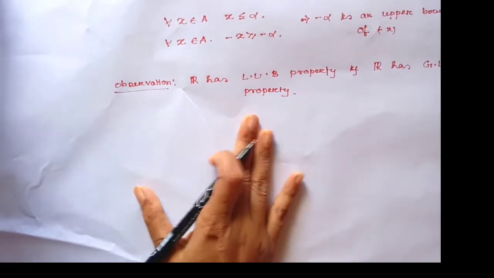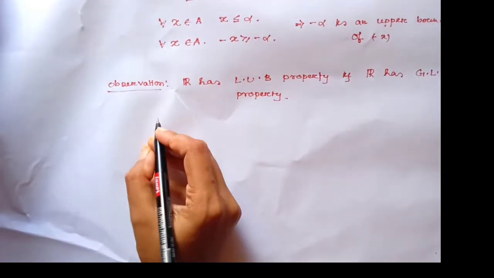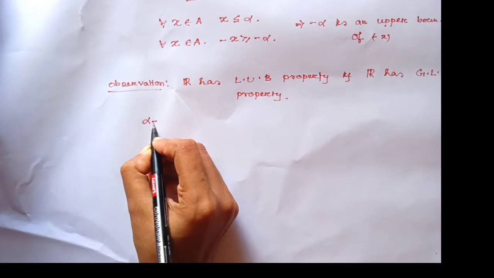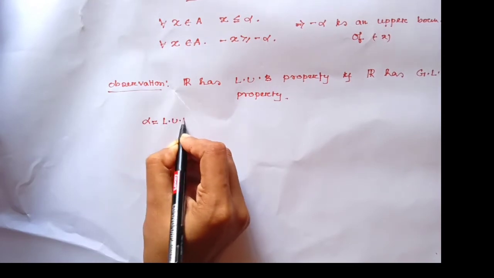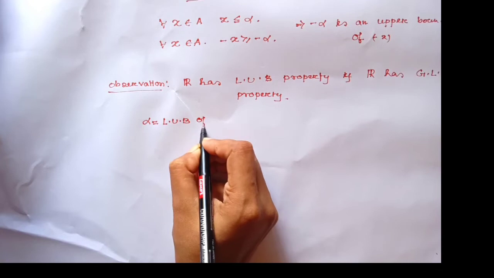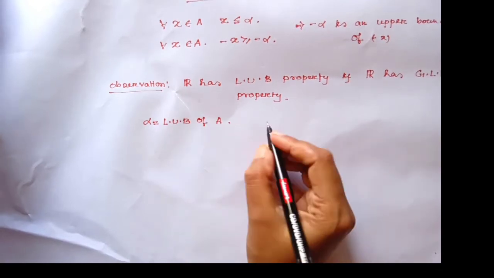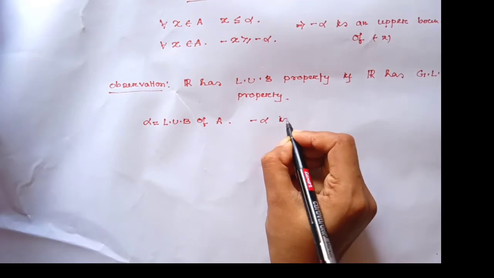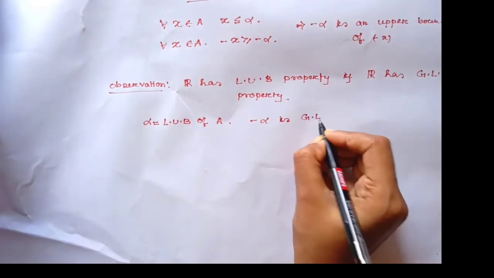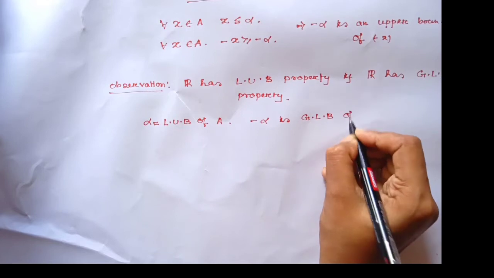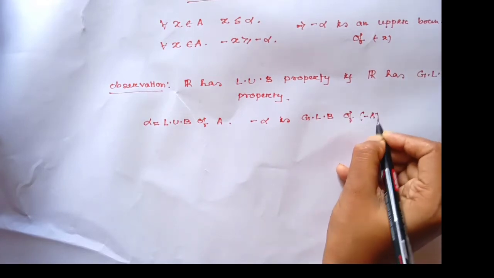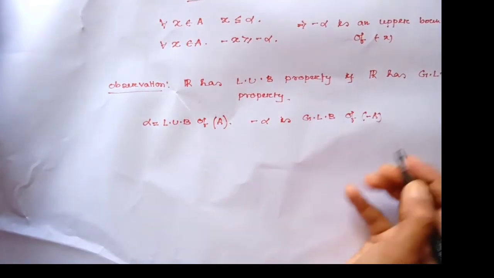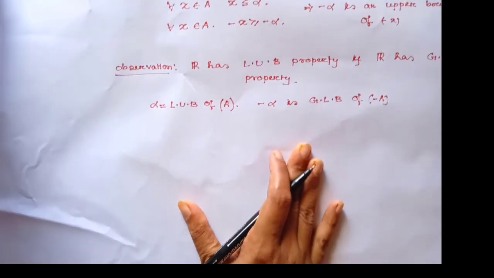Let alpha equal to LUB of A, then minus alpha is GLB of minus A. This is A, this is minus A. Okay?